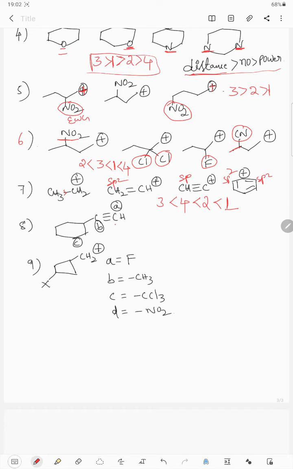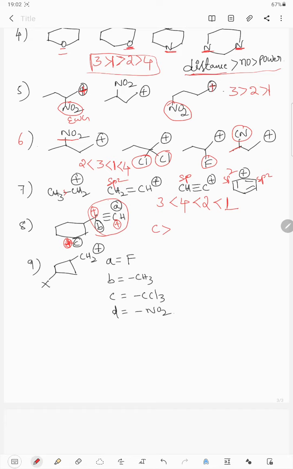See here, suppose you take the carbocation at one position, then at another, then at another. If you take the carbocation on carbon C, it is more stable. Why? Because this is the electron withdrawing group, and it is present at some more distance.